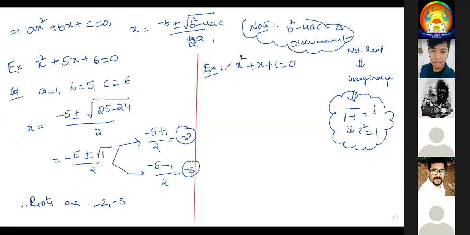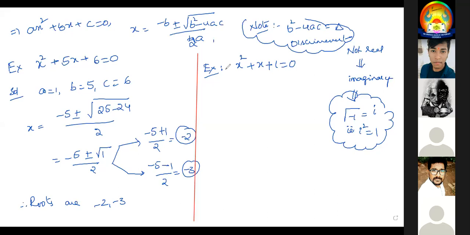The factorization method will not help us calculate imaginary roots. That's why we are studying the advanced, updated methods to calculate those imaginary roots. So before calculating imaginary roots, you should know what an imaginary number is.